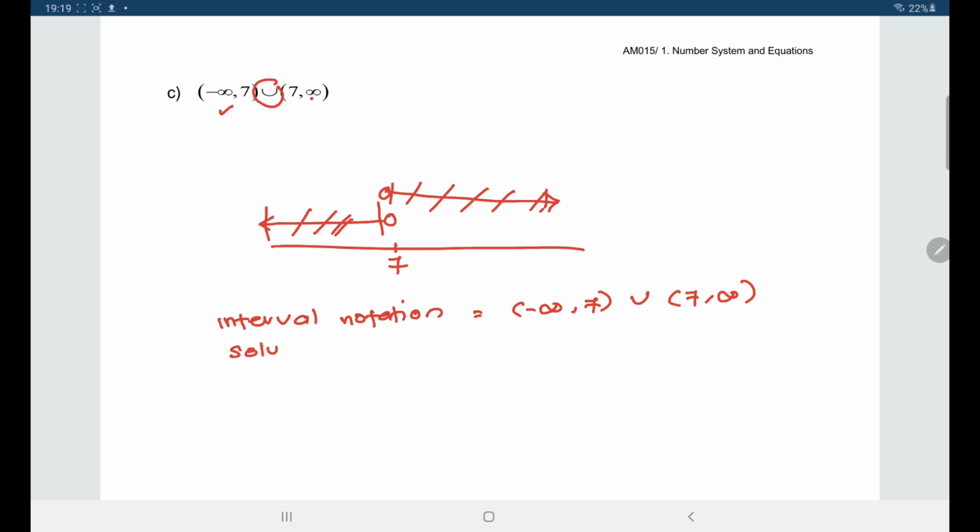For solution sets, the set of x where x is less than 7 or x is greater than 7.